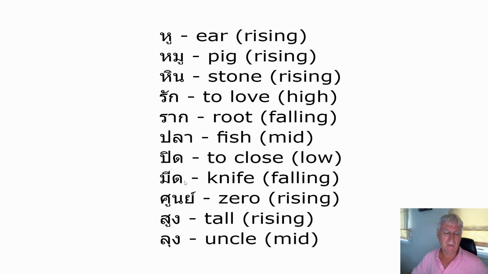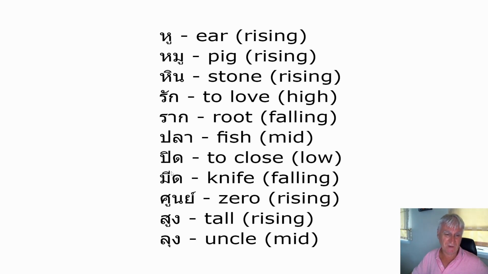Next one, again it ends with do dek, which is the unreleased T, so it's a dead syllable. And it begins with mor ma, which is a low class initial consonant. So with the low class initial consonants and dead syllables, we do need to know whether the vowel is long or short.